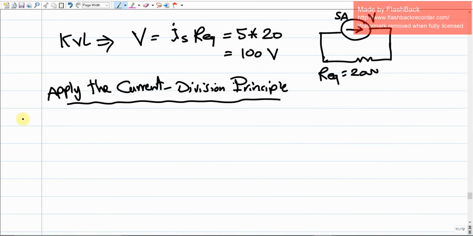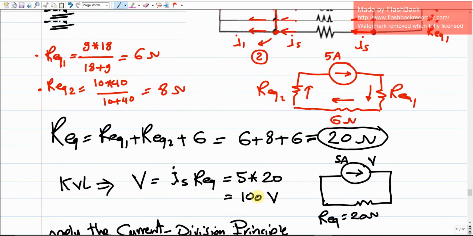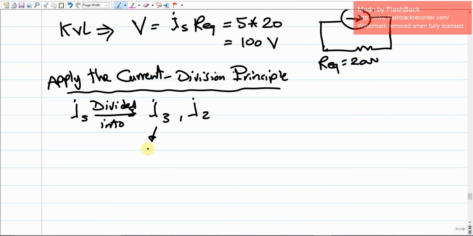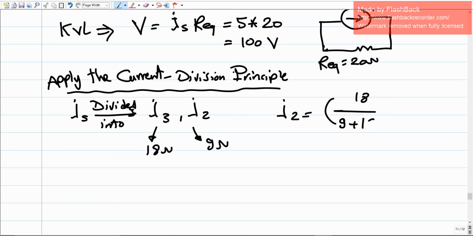As we usually do, we have the IS, which will be divided into I3 and I2. How much is the resistance over I3? It is 18, but I2 has just 9, so this one has 18 ohms and this one has 9 ohms. We are just interested in I2, so I2 is going to be the other resistance, which is 18, divided by their sum, which is 9 plus 18, times the total current IS, which is the 5 ampere given above.